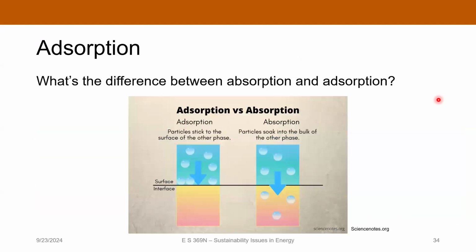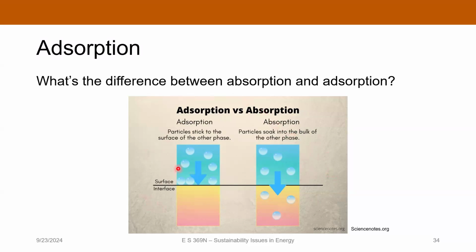So the other technology that's done is adsorption. The difference between adsorption and absorption is that adsorption is the sticking of the molecules to a surface, whereas in absorption, the molecules actually go into the sorbent and interact with the sorbent molecules there.